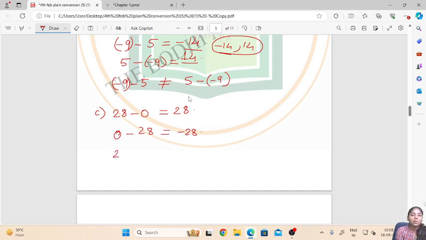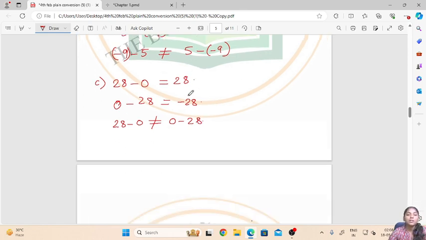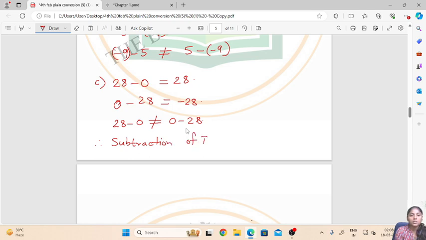So here also 28 minus 0 is not equal to 0 minus 28. Thus we say that subtraction of integers is not commutative.